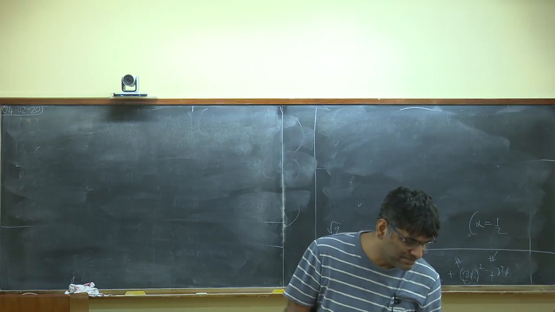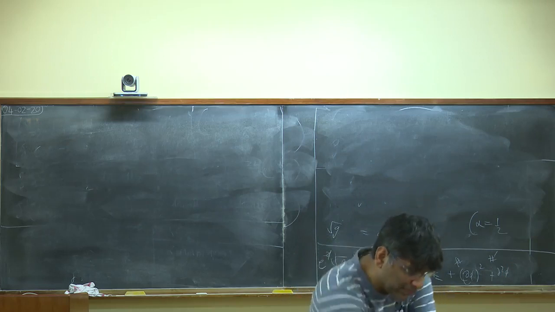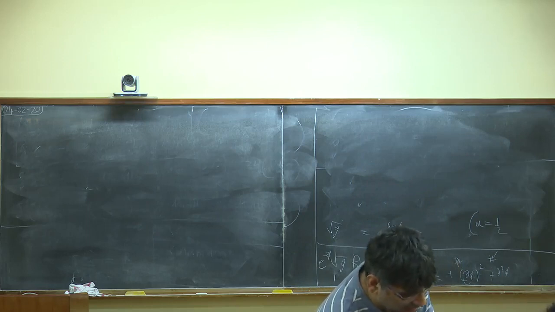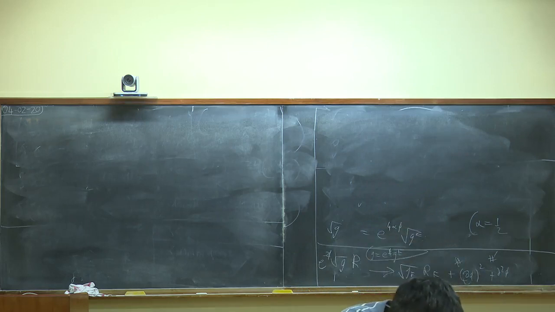You're saying this H3 square will not go. No, it will not go. It will not. Multiplication of e to the power phi with H3 square will go, but in the H3 square it will not go, because there are two additional contractions.